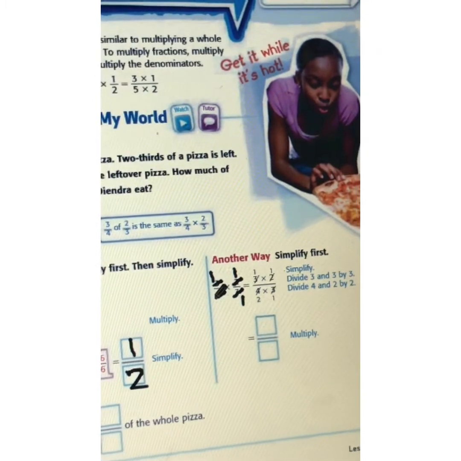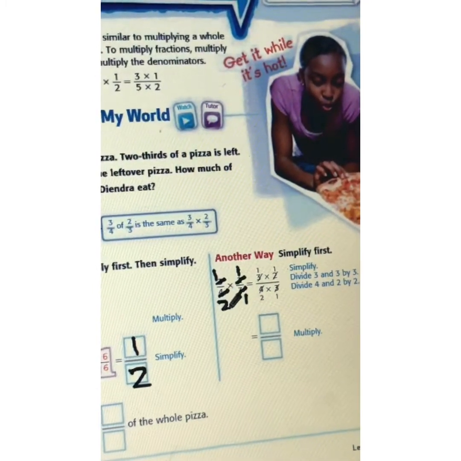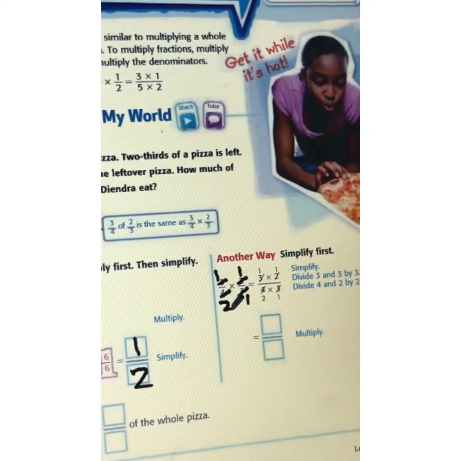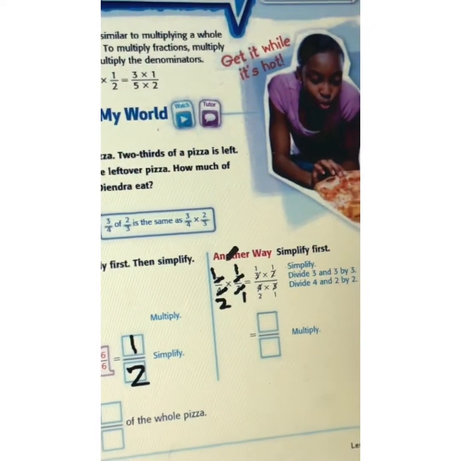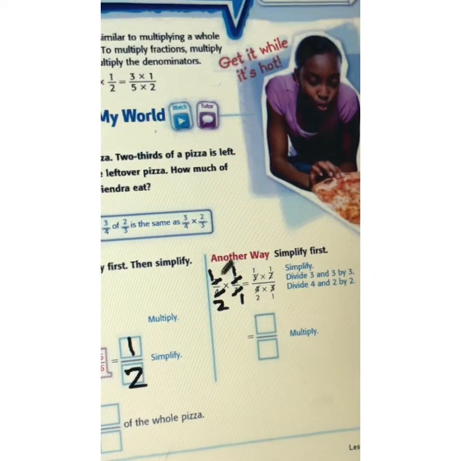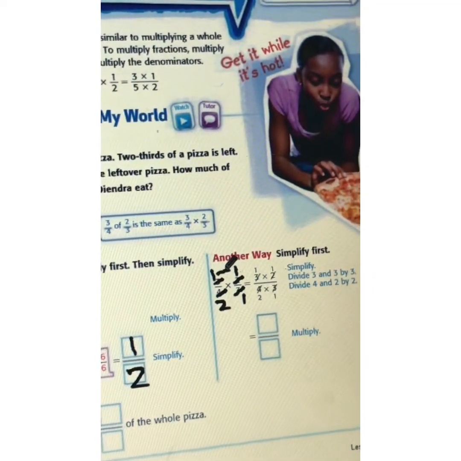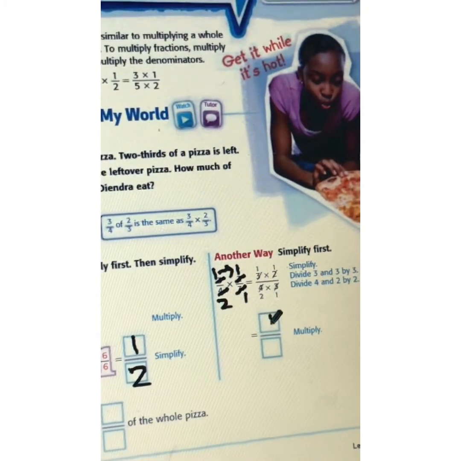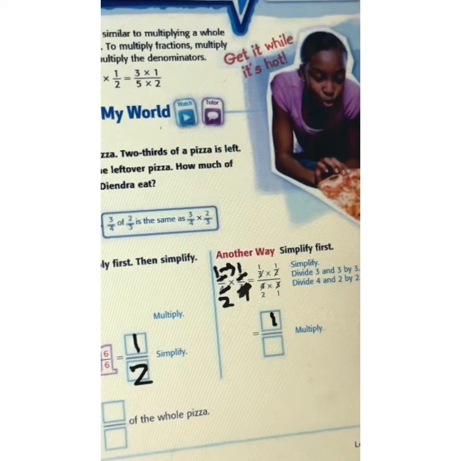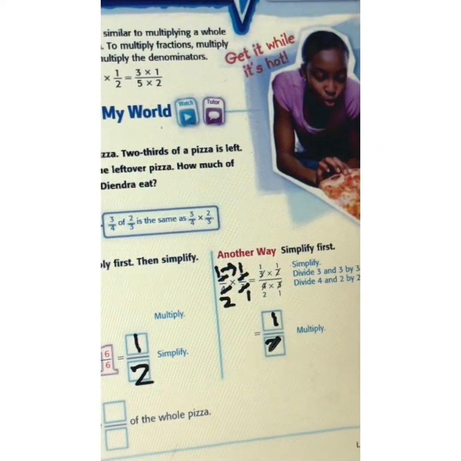And 4 divided by 2 is 2. That's how we do the cancellation. After that, after simplifying or doing cancellation, we will now multiply. The numbers left here are 1 and 1. 1 times 1 will give us 1. And 2 times 1 will give us 2.